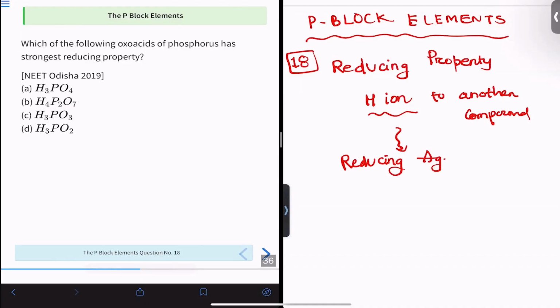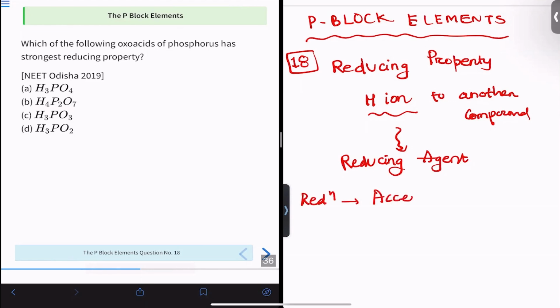Reduction means acceptance of hydrogen or removal of oxygen. This much you know, I think.